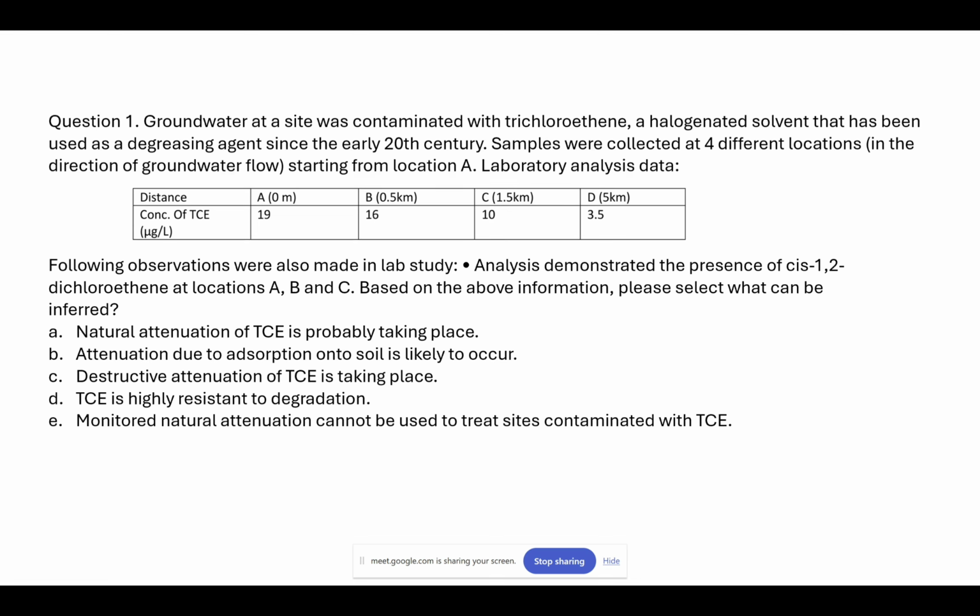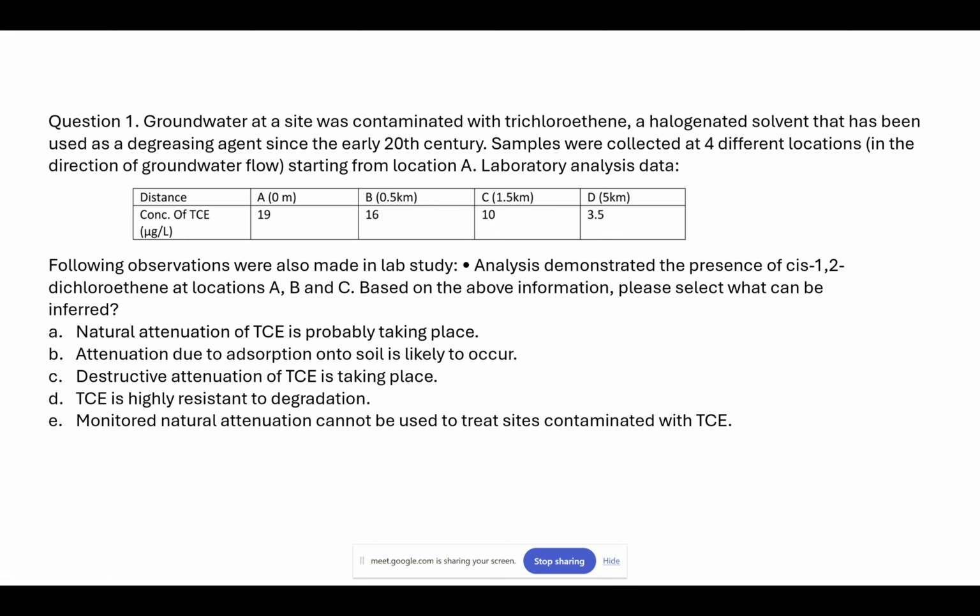Laboratory analysis data is given where the concentration of TCE at all four locations is given, and the following observation was made in the lab study. Analysis demonstrated the presence of cis-1,2-dichloroethene at locations A, B, and C. Based on the above information, please select what can be inferred.